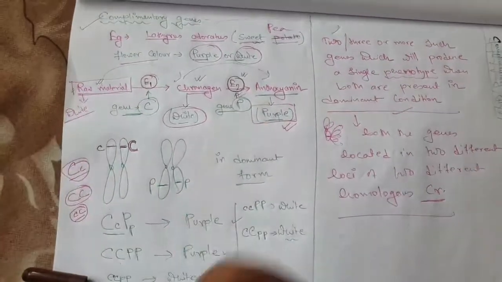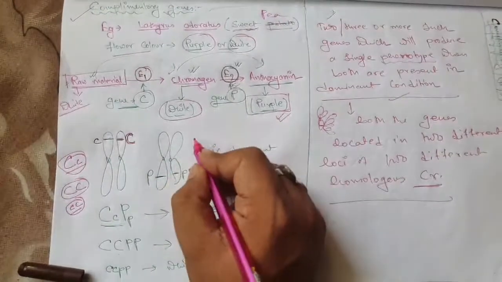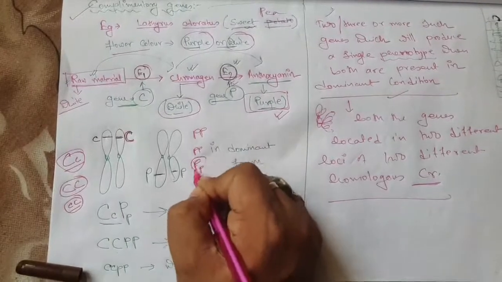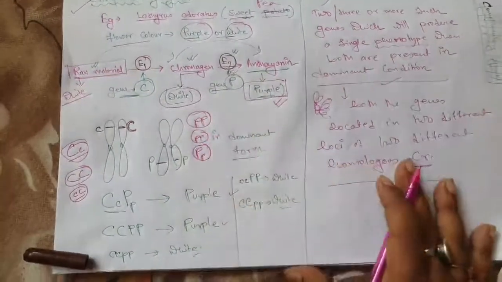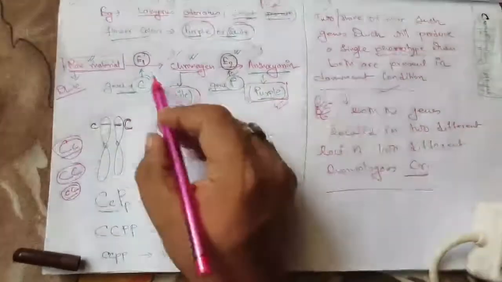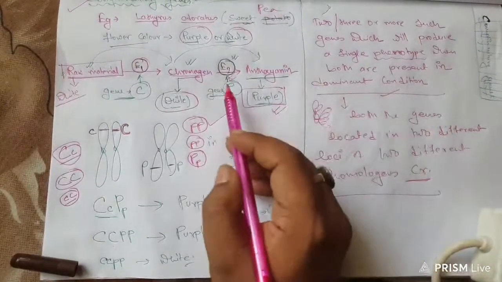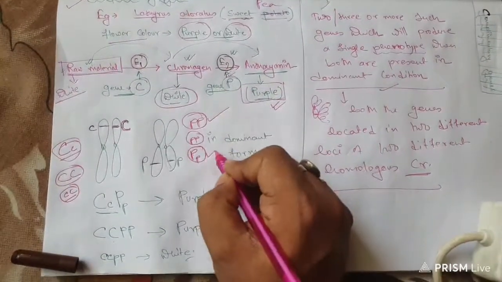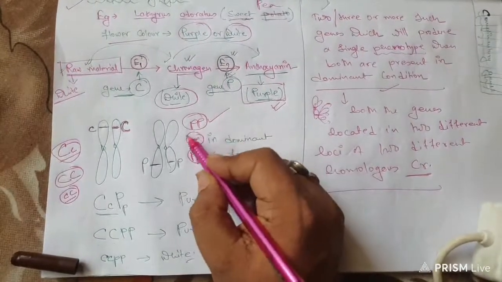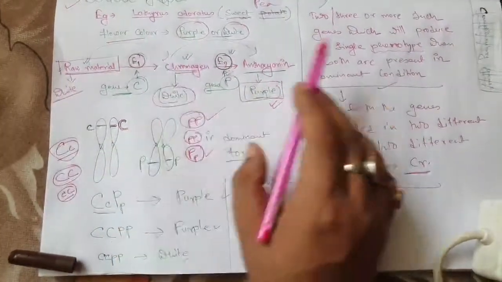In the other locus, it can be capital P, small p, or capital P, capital P, or small p, small p, as depicted in the diagram. Now the fact is this: in the dominant form, the enzyme will be produced. Be it in the homozygous dominant form or the heterozygous dominant form, still the enzyme 2 will be produced. But if it is in small p, small p form, then the enzyme 2 will not be produced.